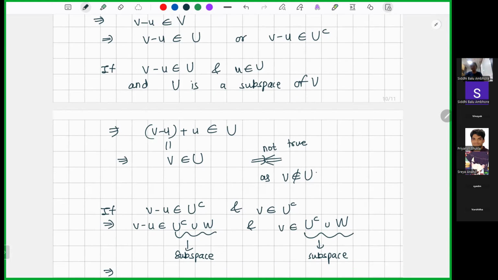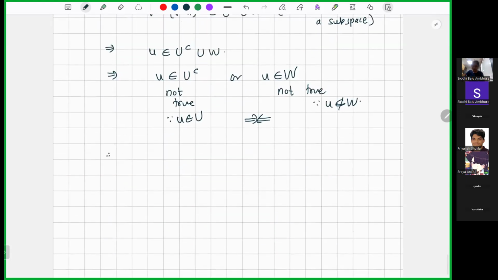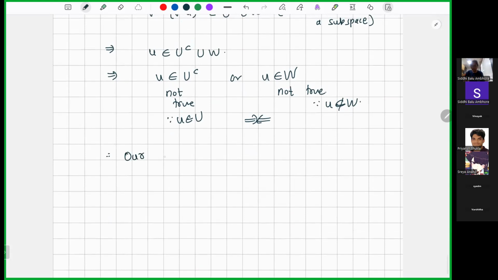So that is absurd. Therefore our supposition that U is not equal to V and U is not contained in W is false.